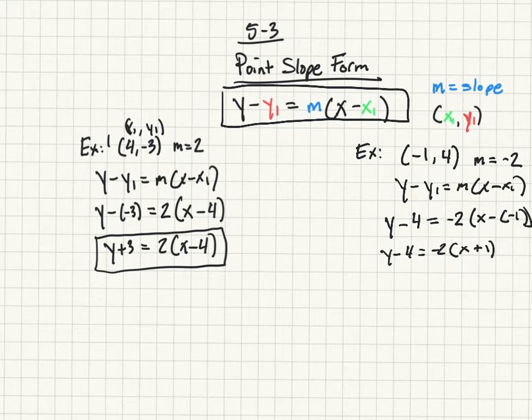We just turn those two negatives into positive, and then that is your answer. So that's when you're given a point and a slope, that's how you plug it into the equation, and then that's your answer. Okay? All right, let's head over to example 2.